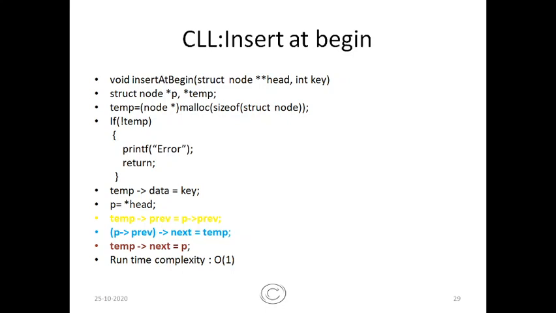So there is no loop, nor are we traversing to the last node in the forward or backward direction. You need not go to the last node; you can reach it from the first node. That is why this is order of 1 runtime complexity.